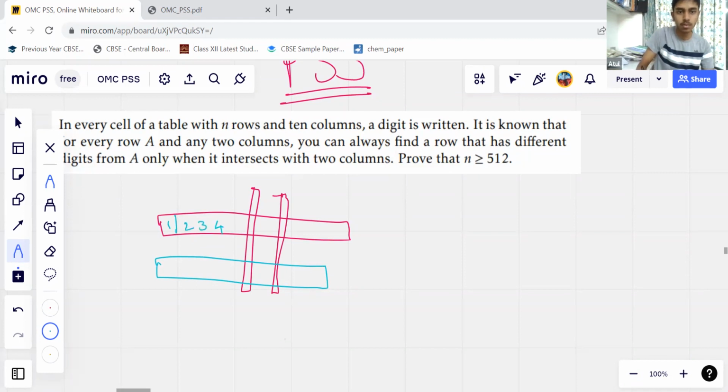If this is 1, 2, 3, 4, and so on, this is also 1, 2, 3, 4, except it differs in this place only. And everywhere else, it is the same.